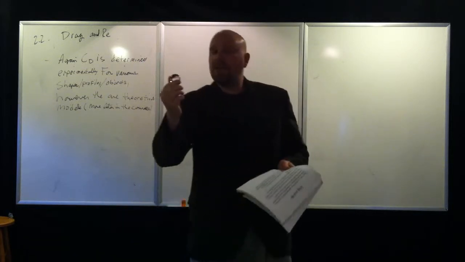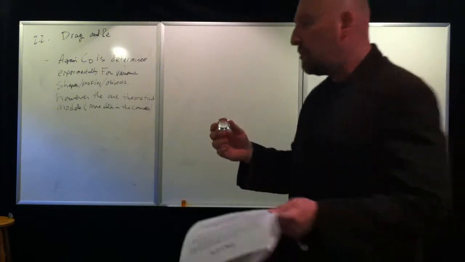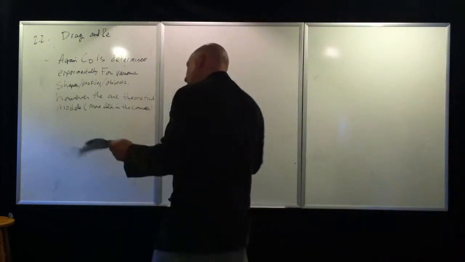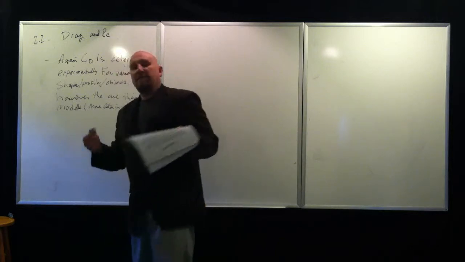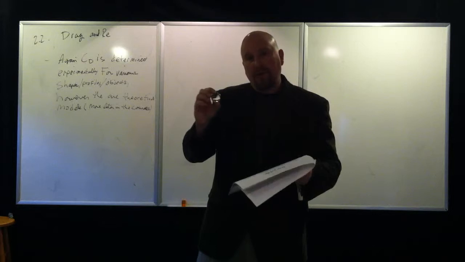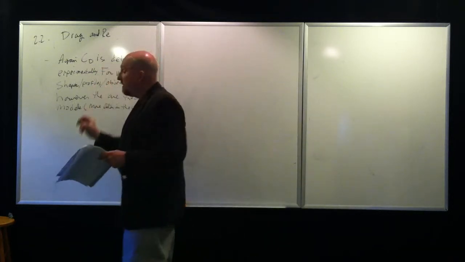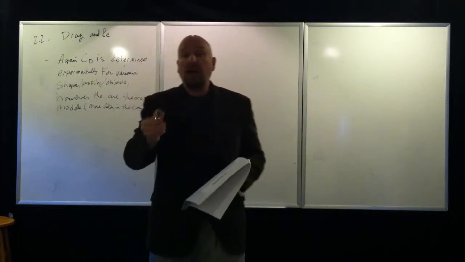So a sphere is going to be represented like this, such as a baseball, golf ball, any kind of round object, basketball that you would have. So right now we're going to be focusing on the coefficient of drag for spherical objects.